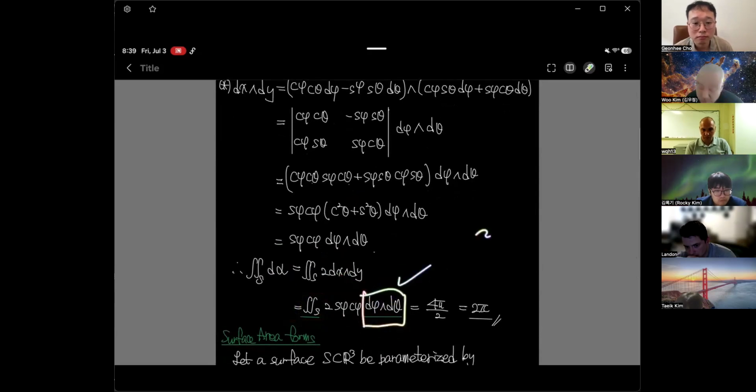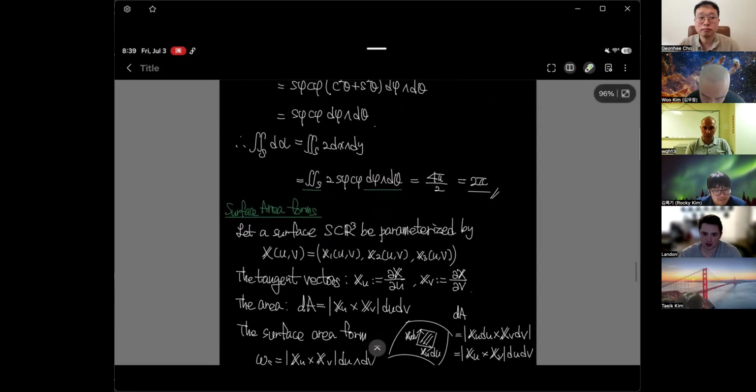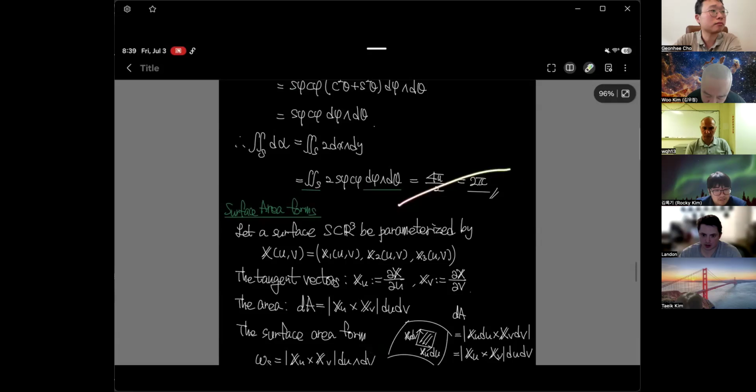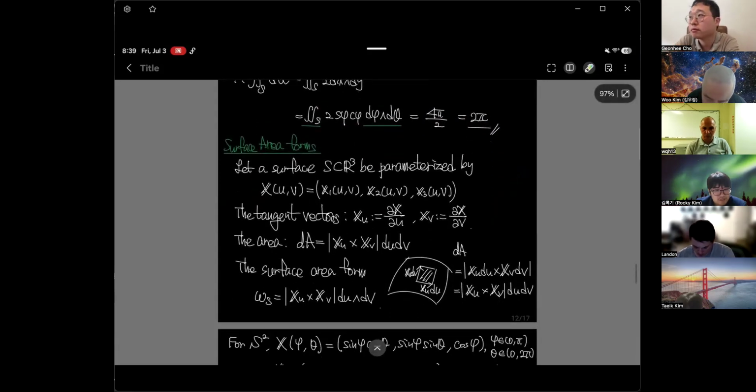This one is out of the blue. How do I compute this? We need a surface area form at this moment. So I'm going to put this part aside for now.